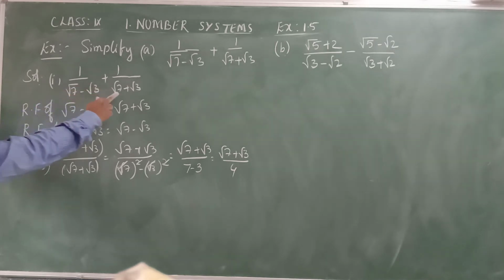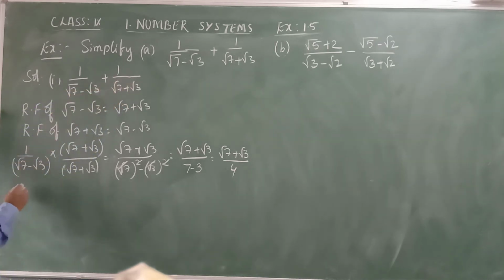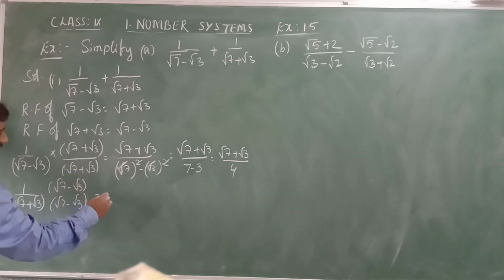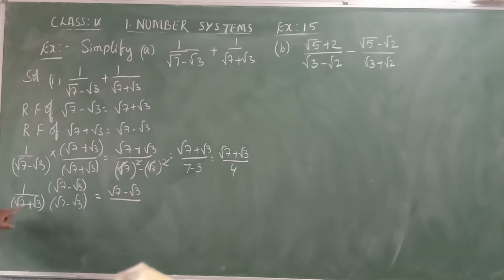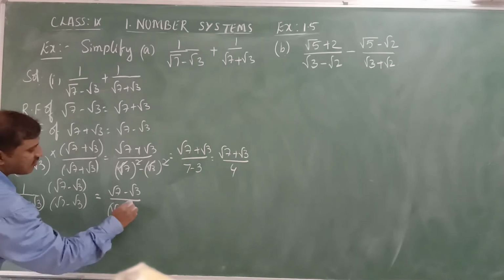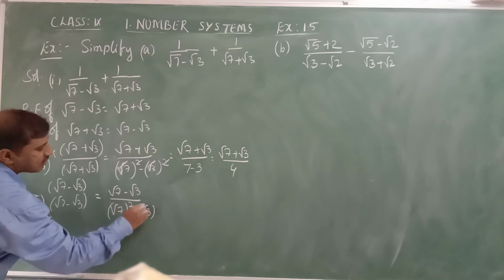Now rationalize the second term, 1 divided by root 7 plus root 3. What is the rationalization factor of root 7 plus root 3? It is root 7 minus root 3. Multiplying with root 7 minus root 3, we get 1 into root 7 minus root 3, that is root 7 minus root 3 divided by (a plus b) into (a minus b) equals a square minus b square, that is root 7 whole square minus root 3 whole square.